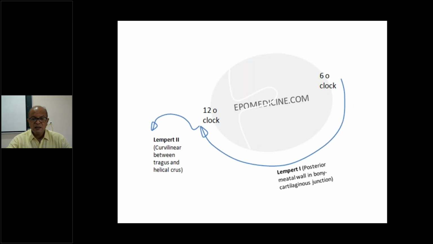You can see the Lempert incision, and this is the 12 o'clock to 6 o'clock incision at the bony cartilaginous junction, a little medial to it, and this is the 12 o'clock curvilinear incision between the tragus and the crus of helix.